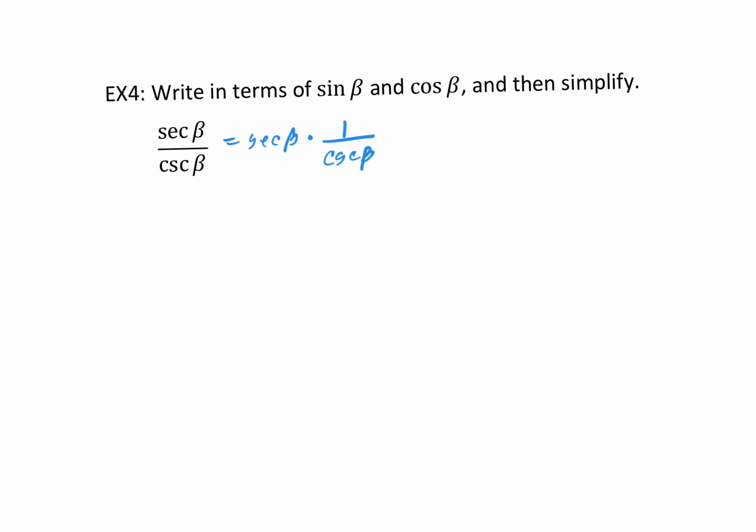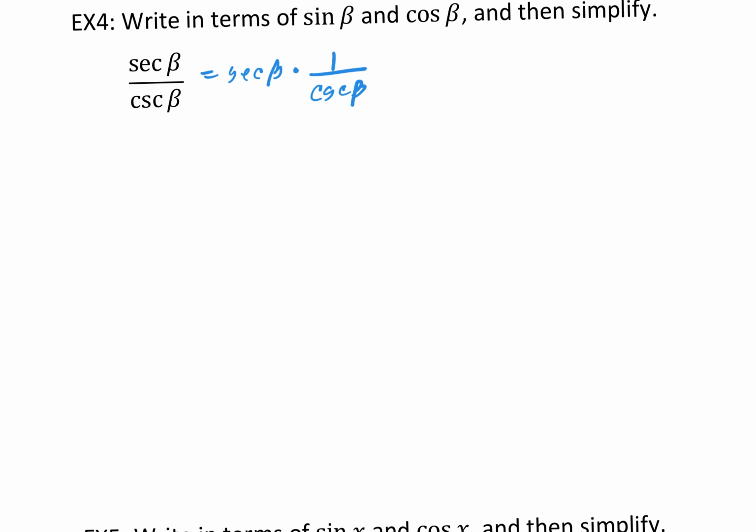For me, this is easier because now watch what happens when I change the secant to 1 over cosine. And changing the cosecant just means I'm going to flip this to sine of beta. And if you wanted to write it over 1, you could.